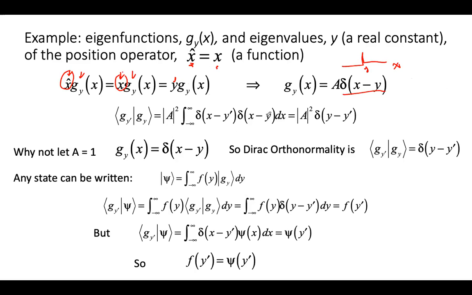Okay, so what other things did we do? We wanted to see what the inner product of this function is for two different states, a primed state and an unprimed state. And so we go through the process we did on the previous slide. I put in this guy, the amplitude, it's squared. There's one wave function. There's the other wave function. In this case, the wave function happens to be the Dirac delta.